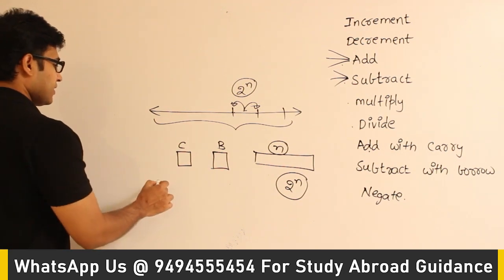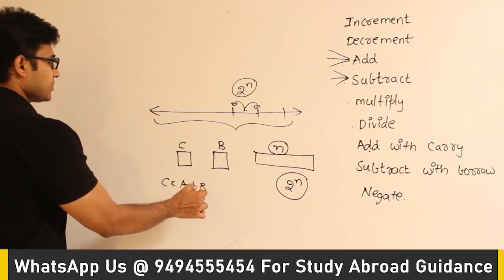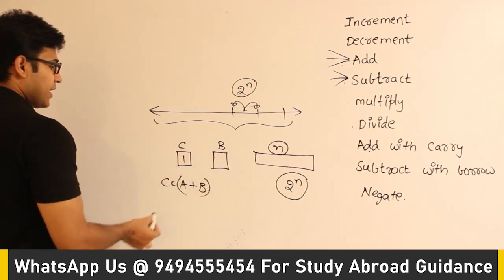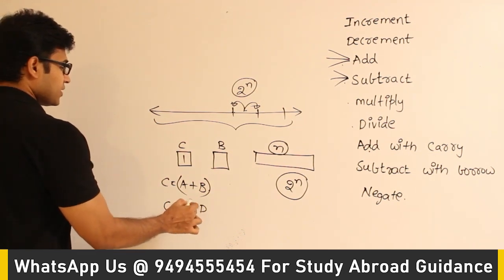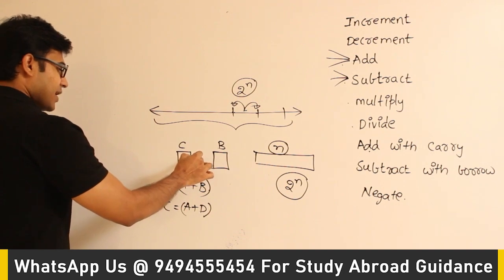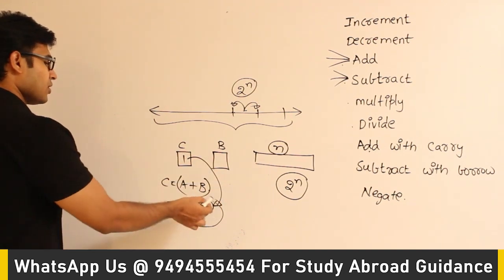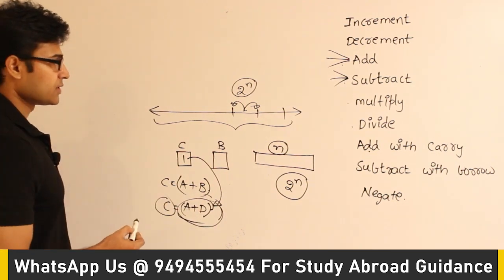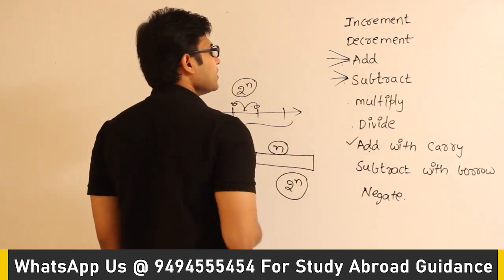Let us say you have just performed an operation c equal to a plus b. Now by this addition we have generated some carry, and next time when you are performing the next addition, let's say c equal to a plus d, we might have to add this carry to this, and we might have to add all these three and put them in c. So for that reason some special type of instructions like add with carry will be useful.